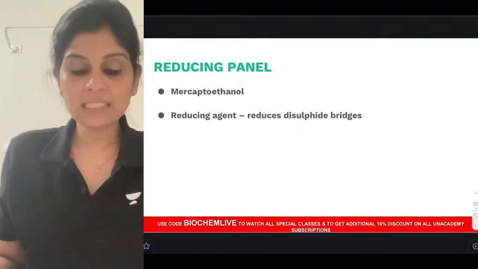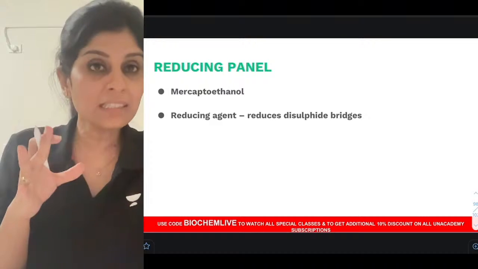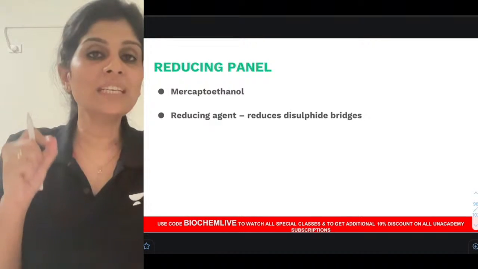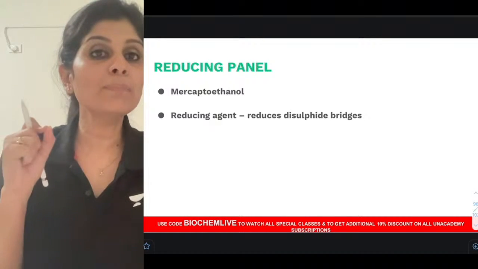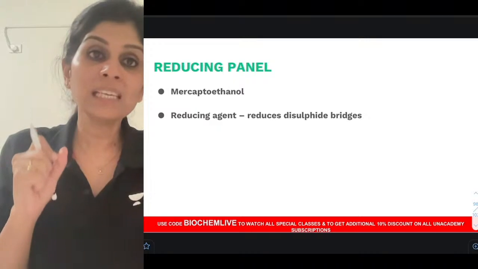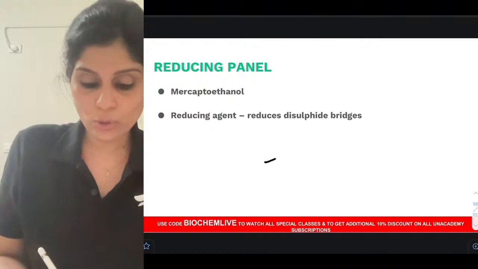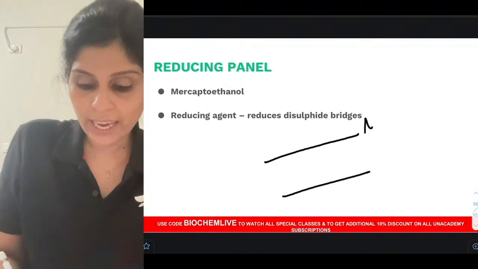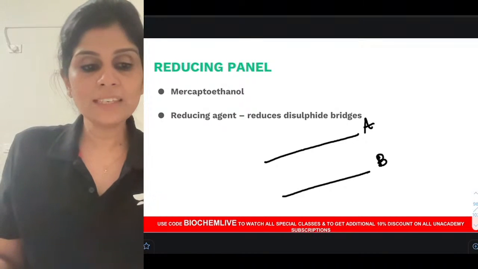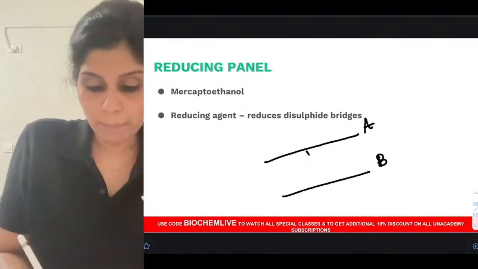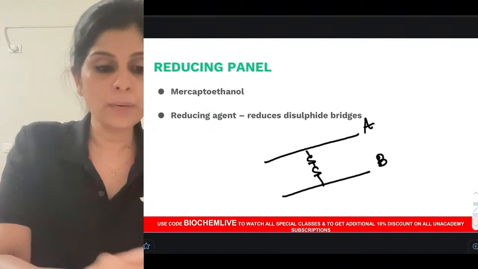All of you please tell me, what is the bridge which links individual subunits in a protein? Yeah, for example, insulin. You know, insulin has got 2 polypeptide chains A and B, right? Insulin has got 2 polypeptide chains A and B connected by disulfide bridges.